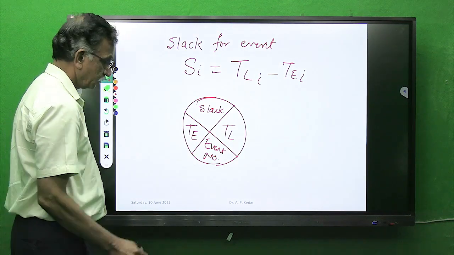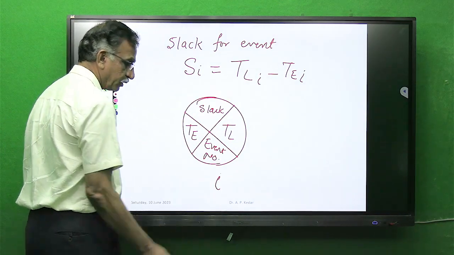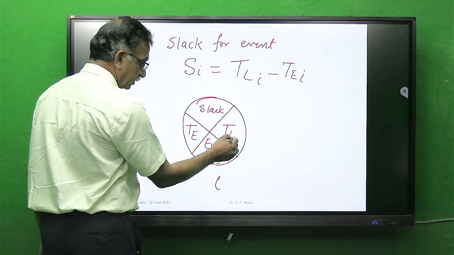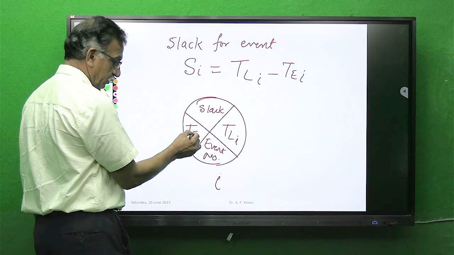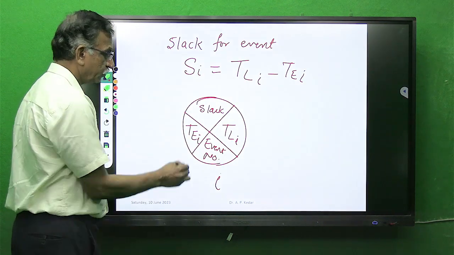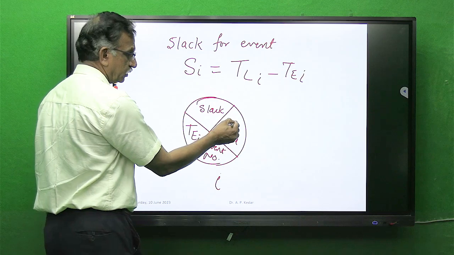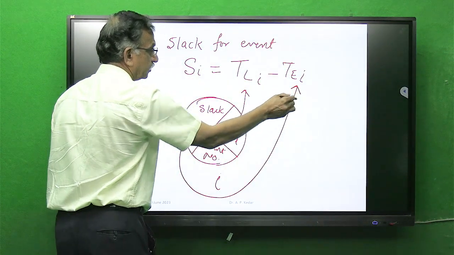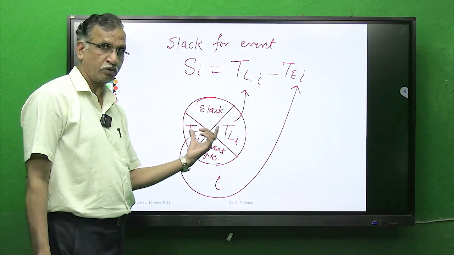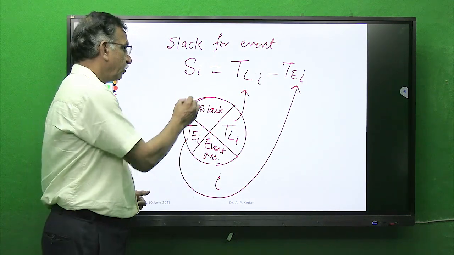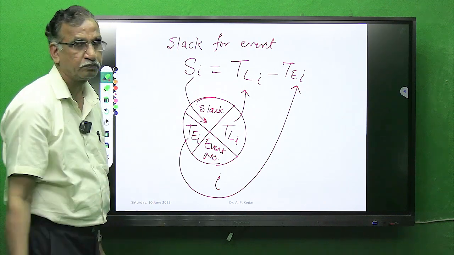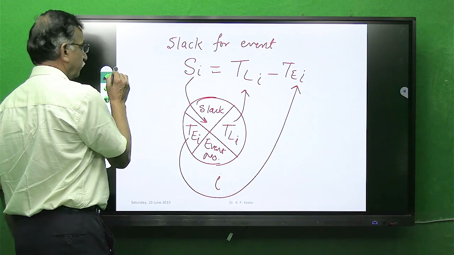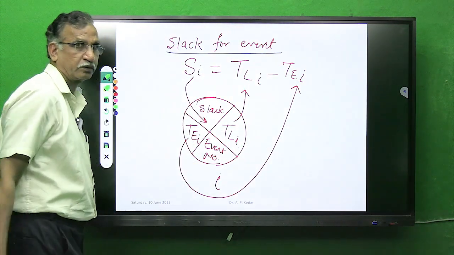So students, suppose this is ith event, so what we have written in earlier lecture, this is TL of I, this will be TE of I. So difference of these two values of the given event will be written over here. Simple calculation. This is one very important aspect, which is slack for the event.